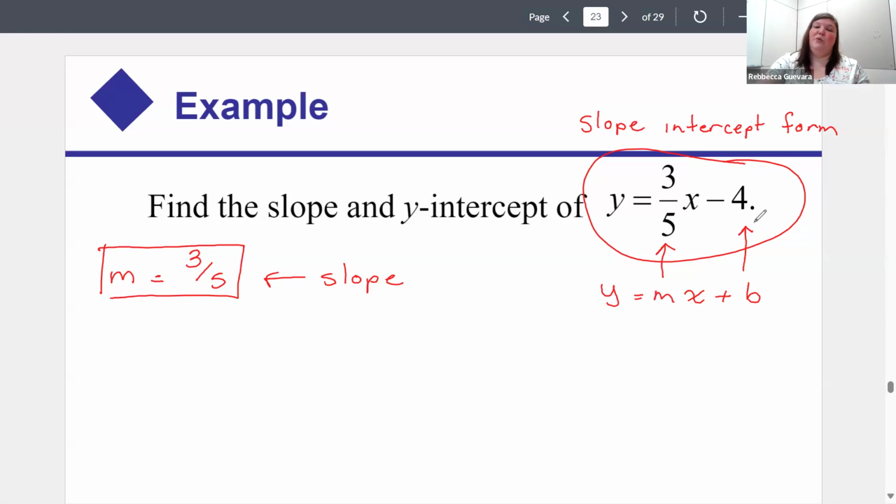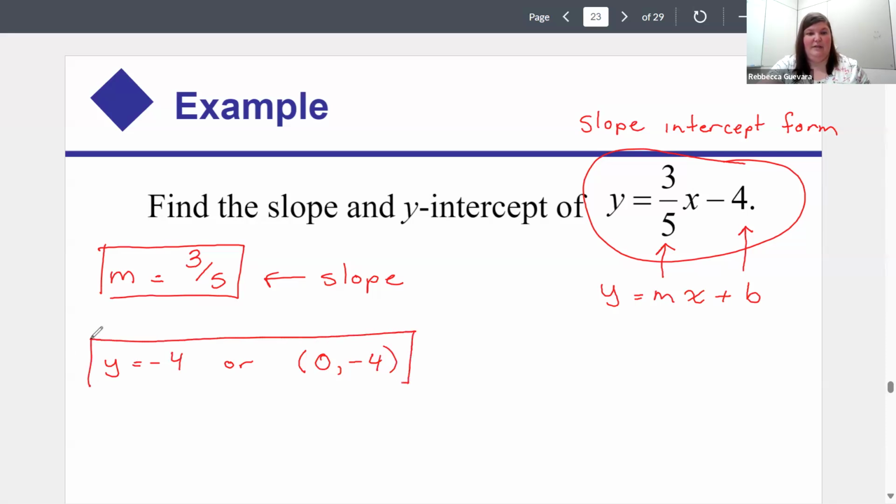So if you remember before, if it's a positive, then the intercept's positive. If that's a negative number, the intercept's negative. But we have either y equals -4, or we say we have the ordered pair 0, -4, because that's going to be my b. And that is going to be the intercept.